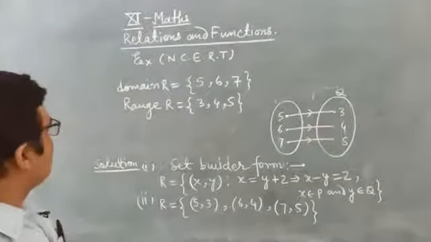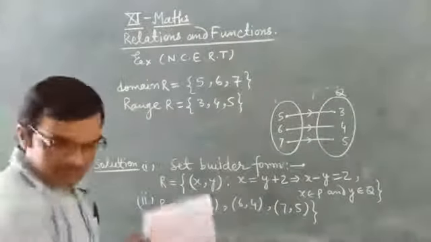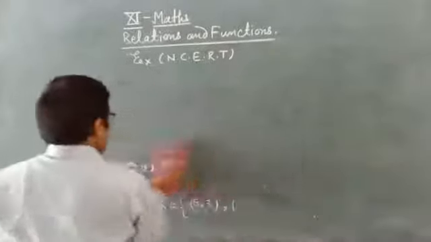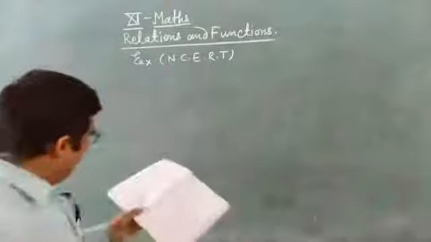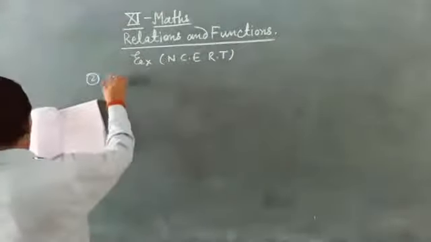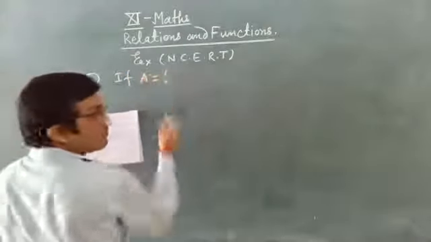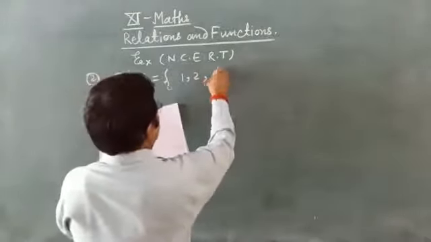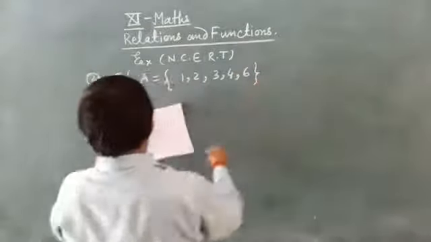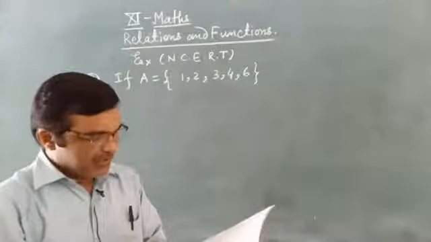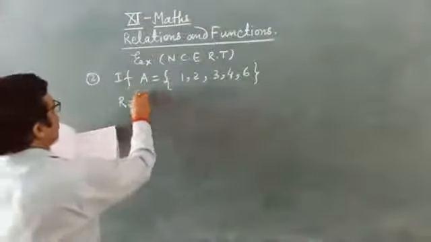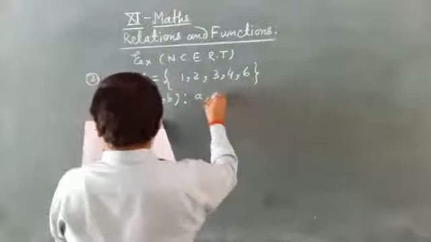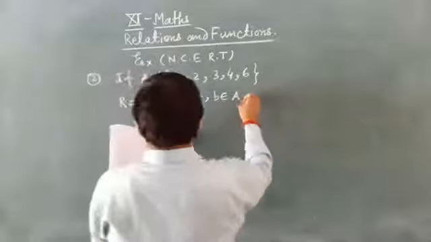Now we have the second question. Our second question is, if set A is equal to elements 1 comma 2 comma 3 comma 4 comma 6, and a relation R on set A is defined as follows, R is equal to (a comma b) such that a, b belongs to A and a divides b.